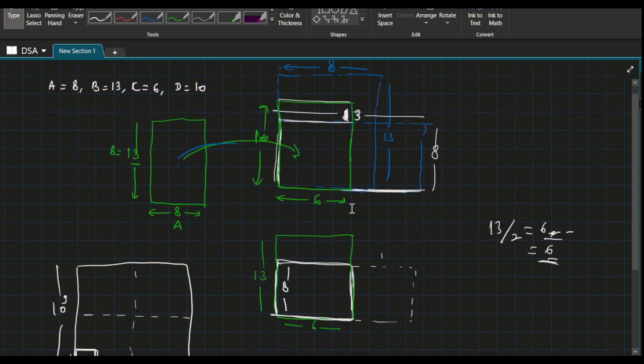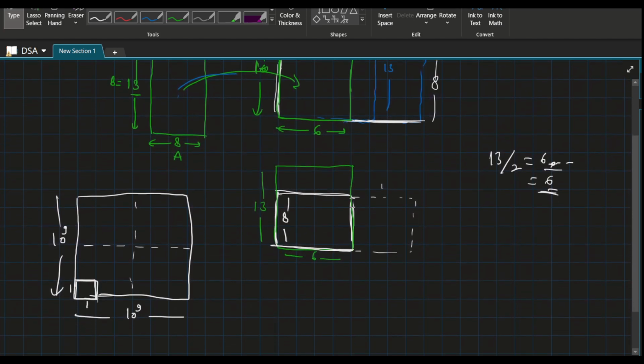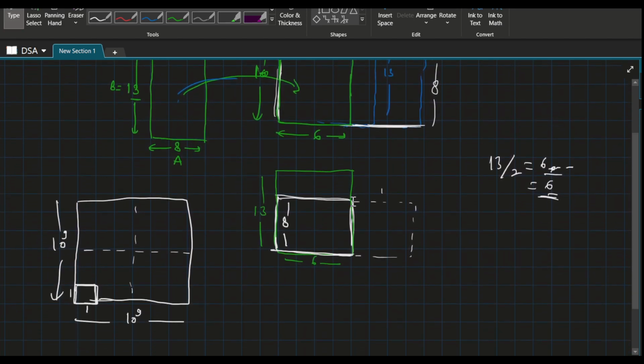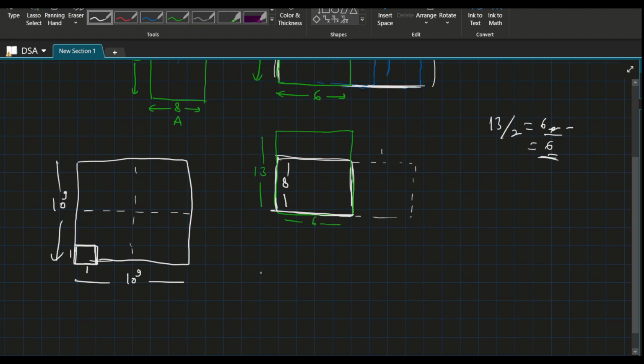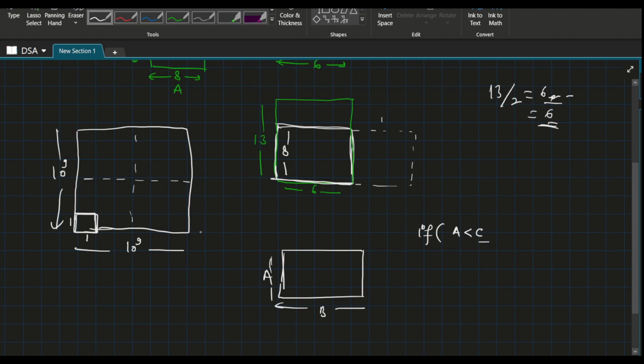But how will we write the algorithm to do this task? Let's discuss the approach first. Say we are given a carpet of size A cross B. What we will do is check if A is smaller than C, the length of our box.